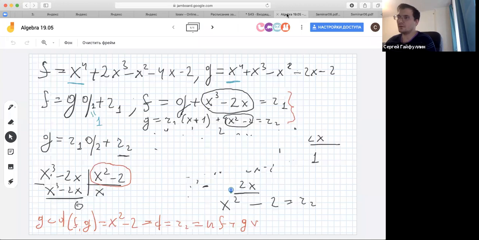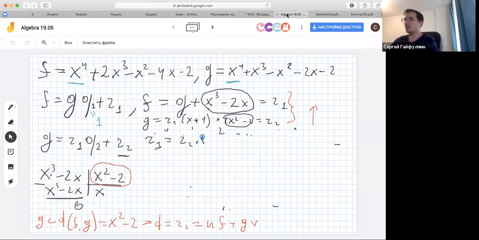And here I go from the bottom to the top. And I say that I will write the last one, that R1 equals R2 multiplied by X. But I shall not use the last row, just the first two.